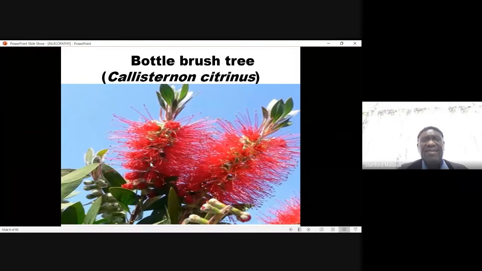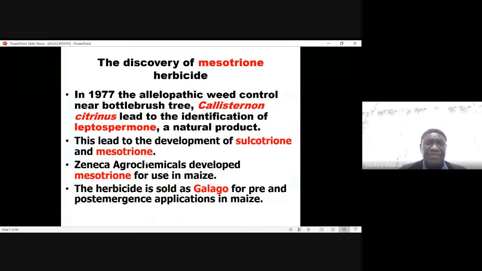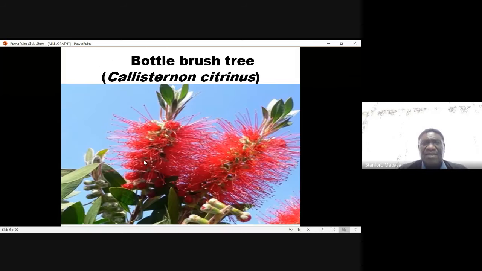What you are seeing is a bottle brush tree, Callistemon citrinus. Bottle brush, probably because of its flowers. Now, if you know a herbicide which is known as mesotrione, it actually started from here, from the bottle brush tree.